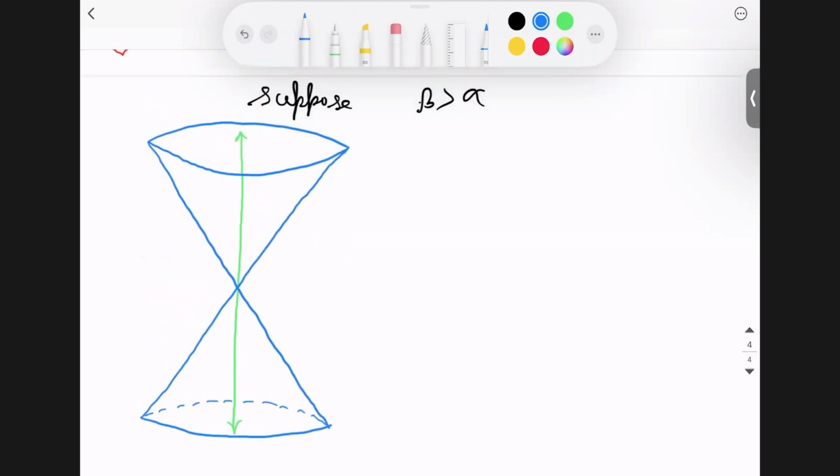Okay, and now the plane makes angle alpha here.